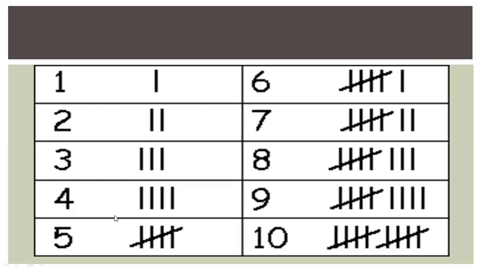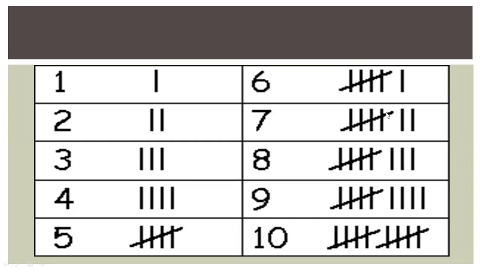Okay, so whenever we are going to write 5 in tally, we are going to make 4 lines, and the 5th line is going to cut the 4 lines. Okay, 6. This is the set of 5, and with the 5 we are going to put 1 line. 7.